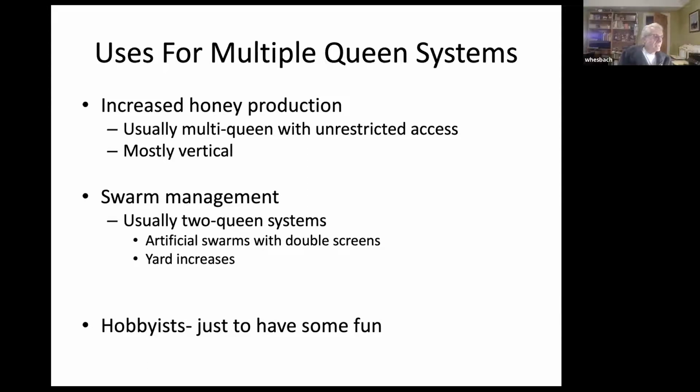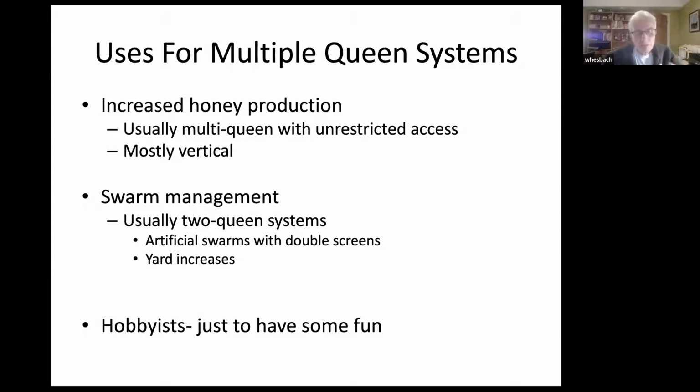And swarm management, of course, you can use a Snellgrove board or a double screen to put this configuration together. And you can use artificial swarms with double screens and yard increases. So those are some of the things you can use multiple queen systems for. Basically, folks do it for increased honey production. And you can get a lot of honey on a successful multiple queen system.